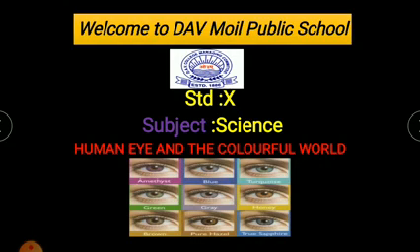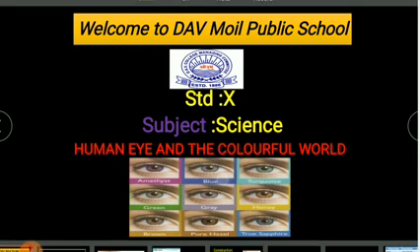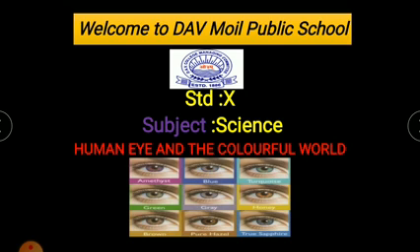In today's subject of science, we will study the human eye and the colorful world. As you can see in this picture, different types of human eye are there. Some are purplish in color; this purplish color is known as amethyst.